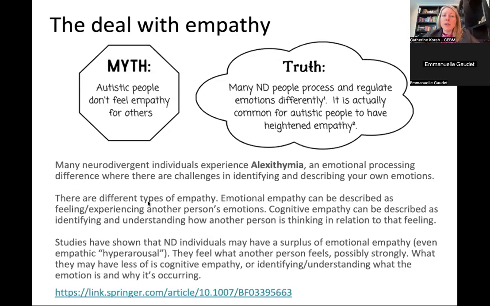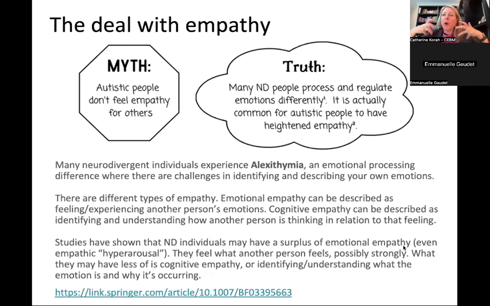And so there are different types of empathy. Emotional empathy can be described as a feeling, experiencing another person's emotion. Cognitive empathy can be described as identifying and understanding how another person is thinking in relation to that feeling. And so a neurodiverse person will have emotional empathy, but has a more difficult time with cognitive empathy. Studies have even shown that the neurodiverse individual may even have a surplus of emotional empathy.